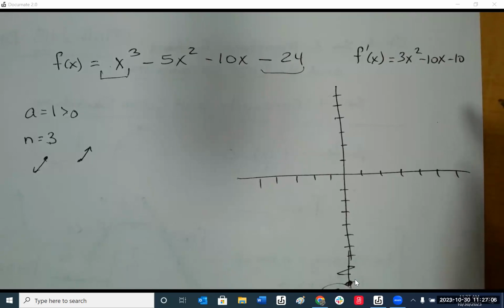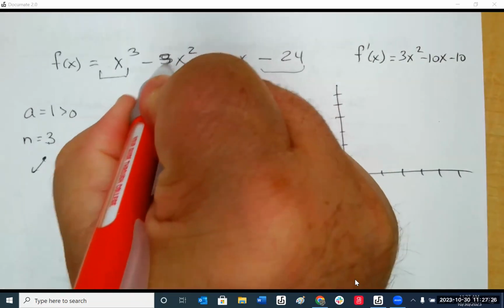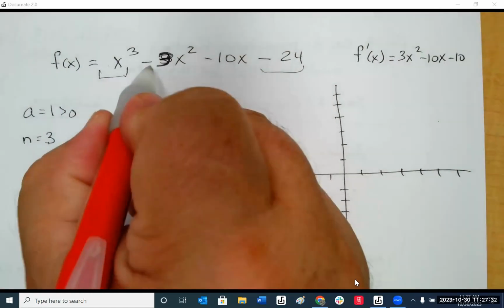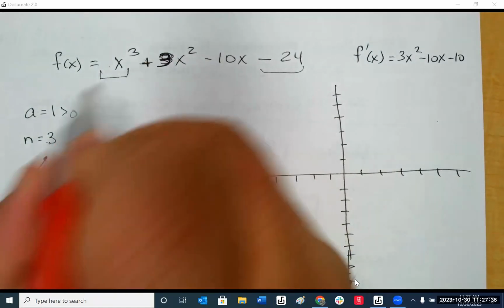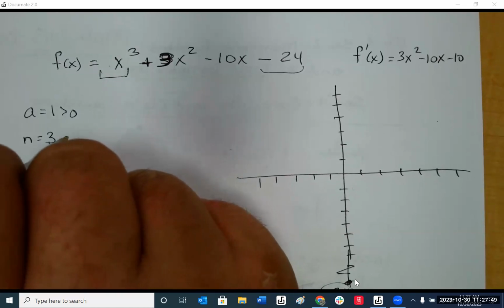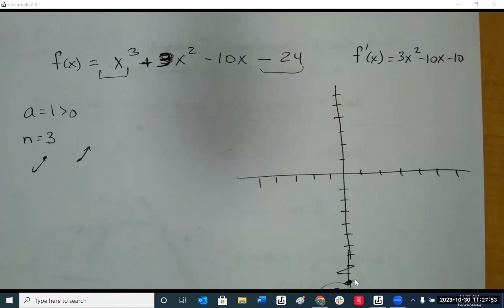Well, let me verify this, make sure it's going to work.